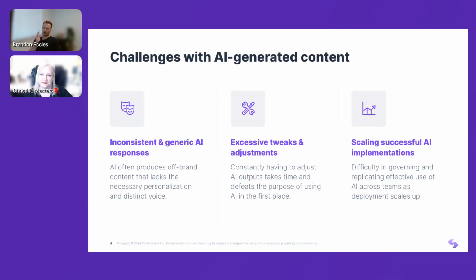So we run into inconsistent, generic responses, stuff that doesn't sound like us, and it requires a lot of back and forth, a lot of tweaking that really should be the time we're supposed to be saving thanks to AI. And all of that leads to difficulties in scaling and makes it hard to implement an AI strategy that can help you grow and scale.